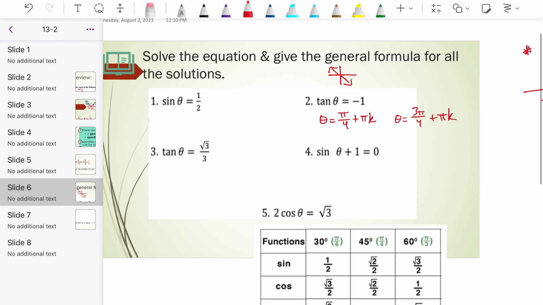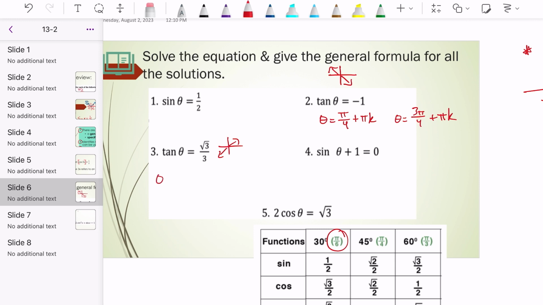Let's go ahead and take a look at the tangent of theta equal to the square root of 3 over 3. Once again, we lay out our all students take calculus. Because we're dealing with a positive number, we're going to be in the first quadrant and the third quadrant. Now, square root of 3 over 3 would leave us with pi over 6.